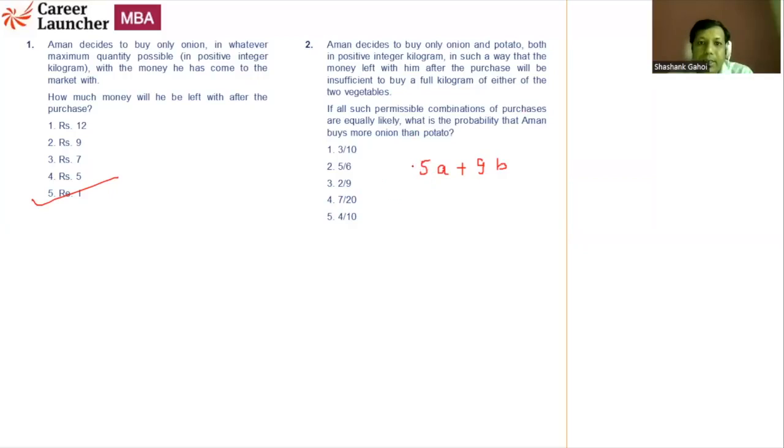So basically, the total expenditure should be greater than or equal to 96 and less than or equal to 100. So let's try to find something.